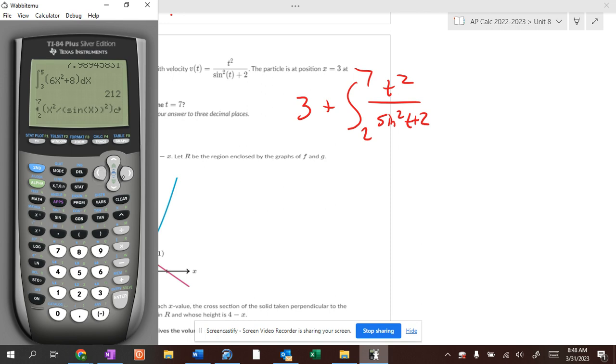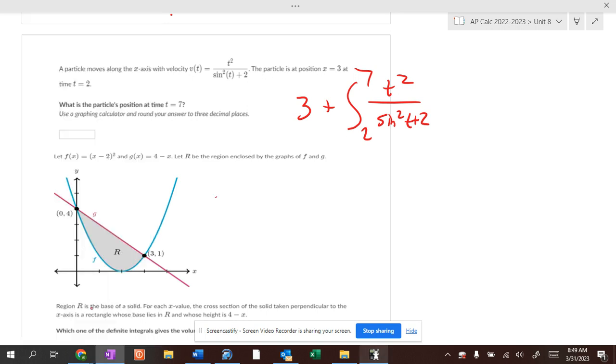Need an extra parenthesis right here. Plus 2. So that's sine squared of x, which is sine x squared, plus 2, t squared up top, dx, integrate, solve, 58.58.